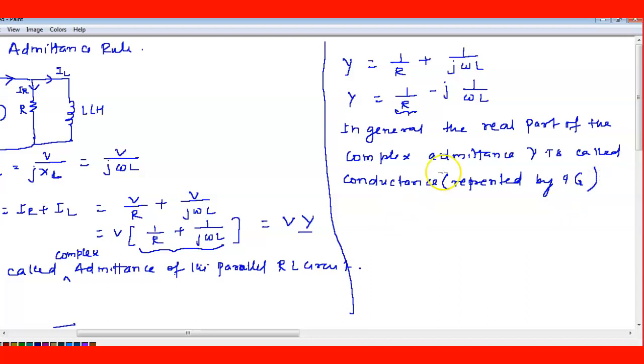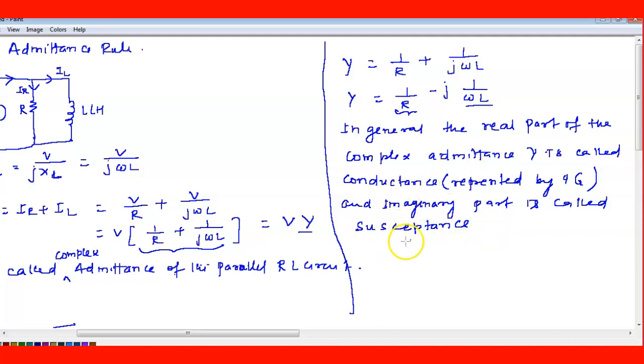And the imaginary part, which is given here, is called susceptance. Susceptance is represented as capital B. So you can write here, Y is equal to G plus jB.